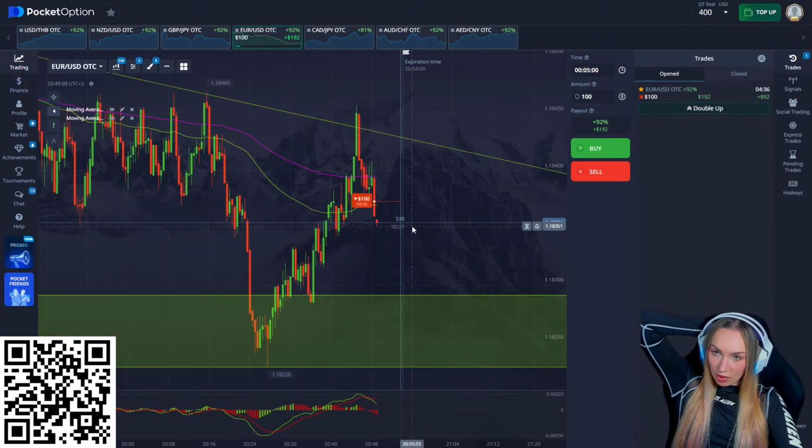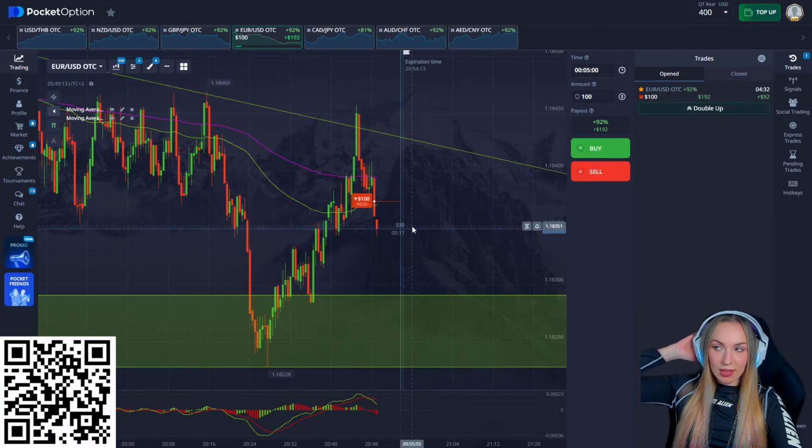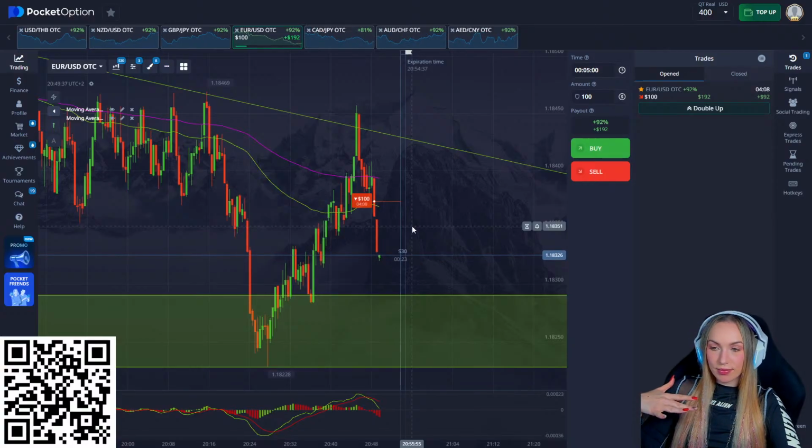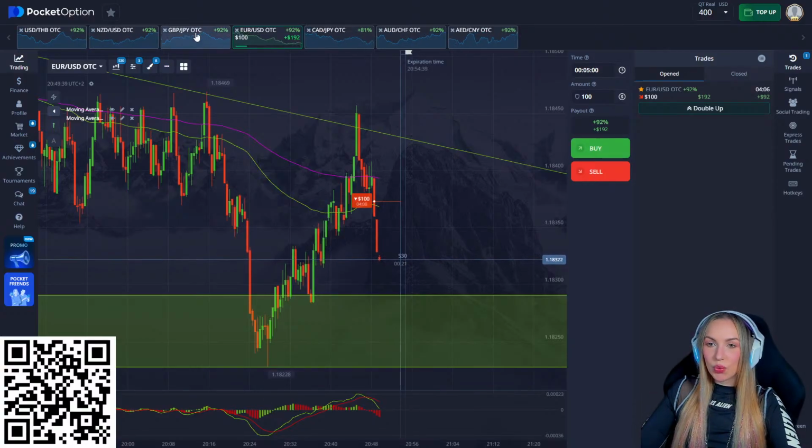And here, even on euro dollar, I can see the gap that appeared. Oh my god. Wow. Let's go.